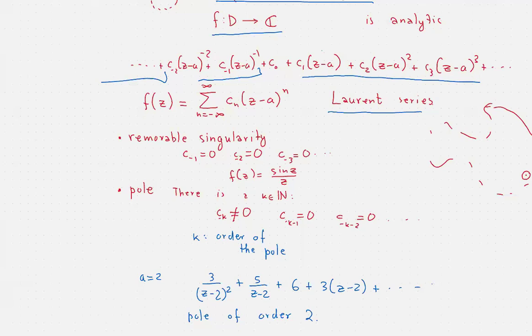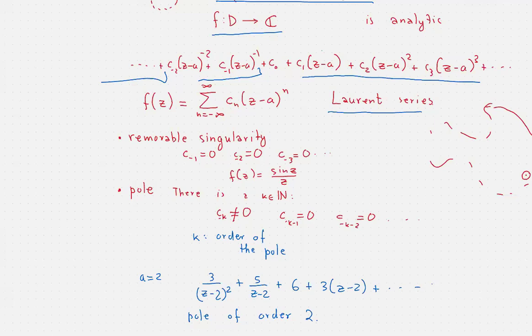The first possibility is what is known as a removable singularity. And in the case of a removable singularity, it's as if we had actually used a formula that was problematic at the specific point, but the truth is that it could be remedied and the function could be extended to that point so that it's still analytic.